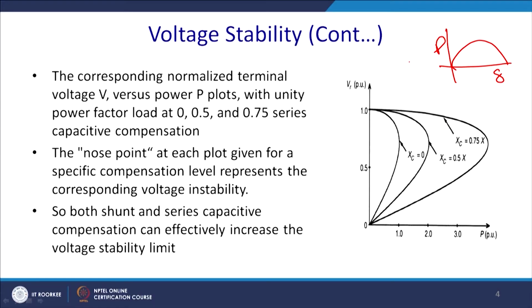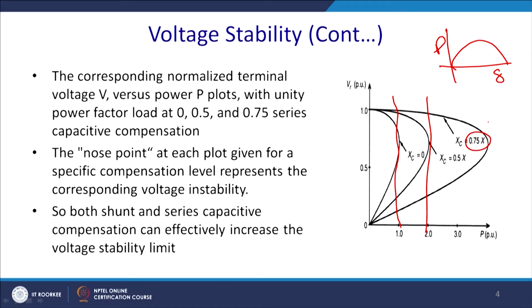We can see that this is the uncompensated one, and you can transmit the power. Thereafter, if you increase the compensation to 0.5, the power will be double, and if it is made 0.75, it will be 3/4.